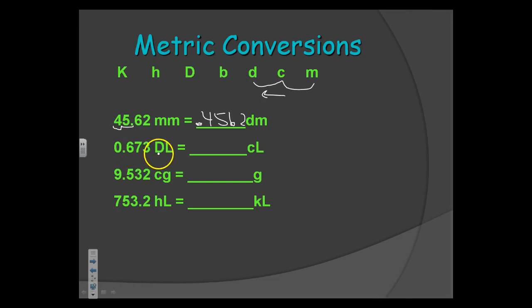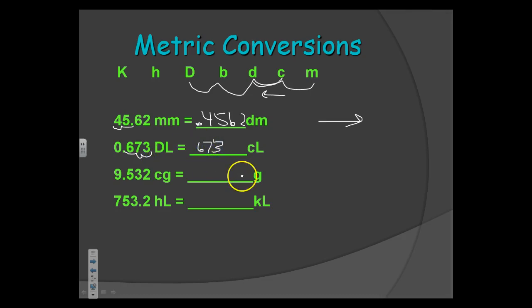This next one, I have deciliters, and I'm going to centiliters. So I'll start here at deciliters. And so we're going to move the decimal 1, 2, and 3 to centiliters. So 3 places in that direction. So 1, 2, and 3.